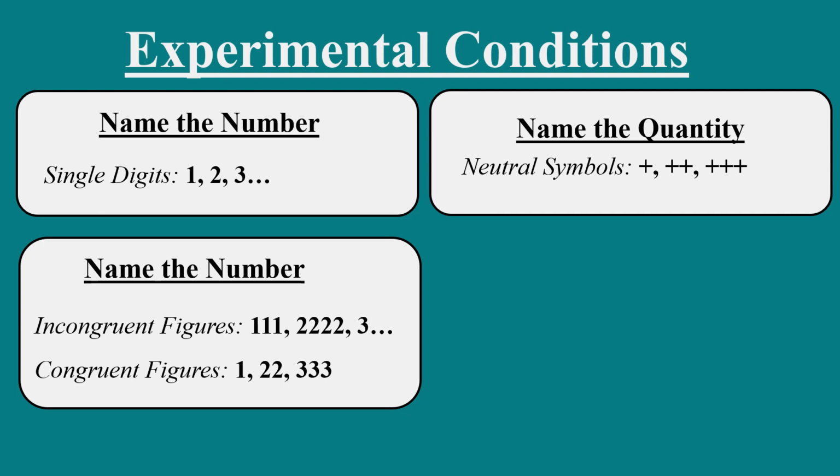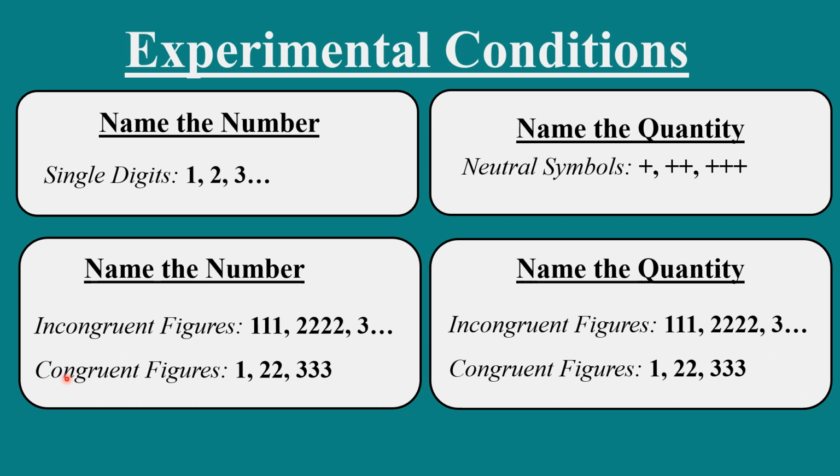In the incongruent condition, there are like 3 1s or 4 2s. So the number of digits and the number itself are different, but they're supposed to read the number. And in the congruent condition, they still needed to name the number, 1, 2, 3, but the number of digits is the same as the number itself.